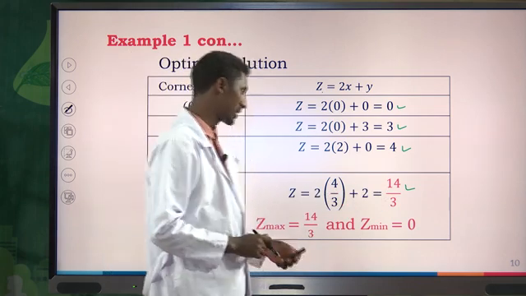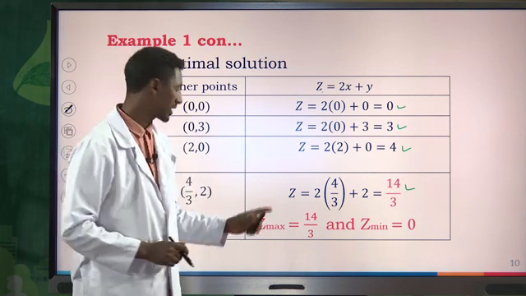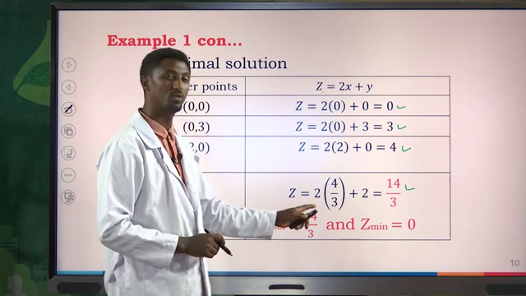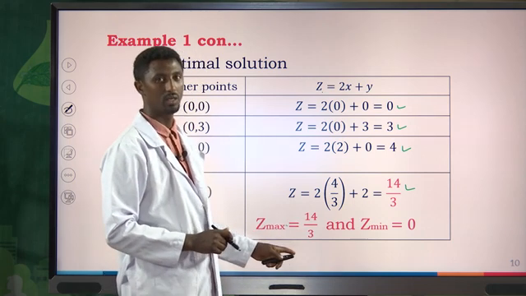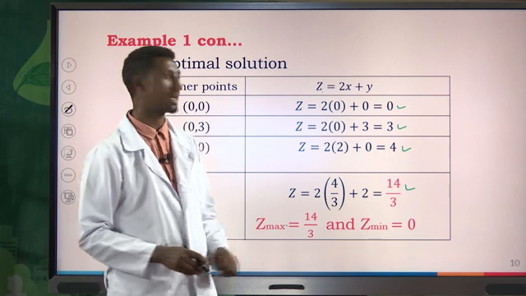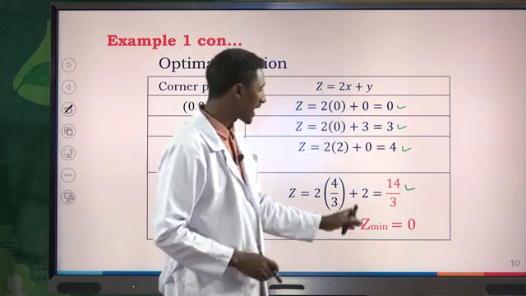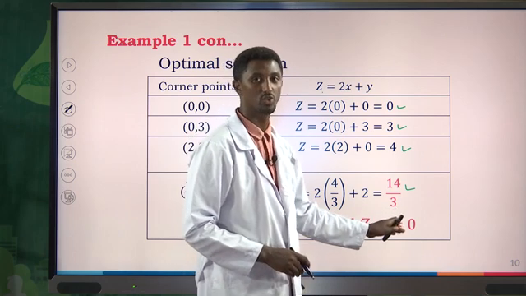So since the objective is maximizing, z maximum equals 14 over 3. And we can also state the minimum value of the objective function, that is z minimum equals 0.